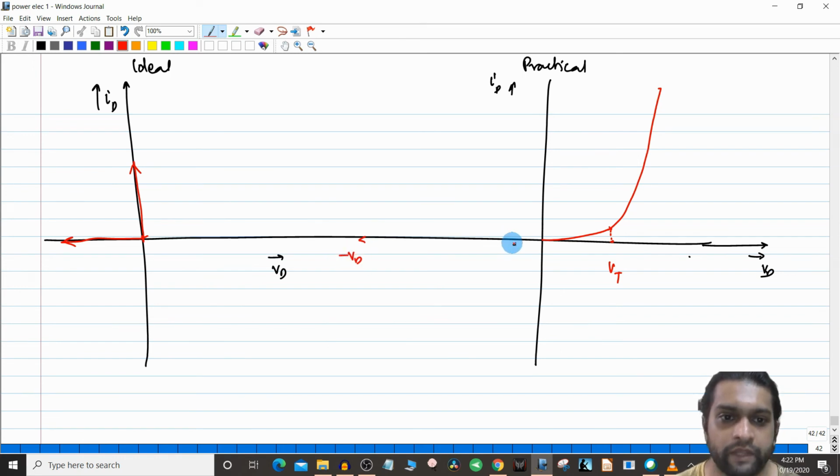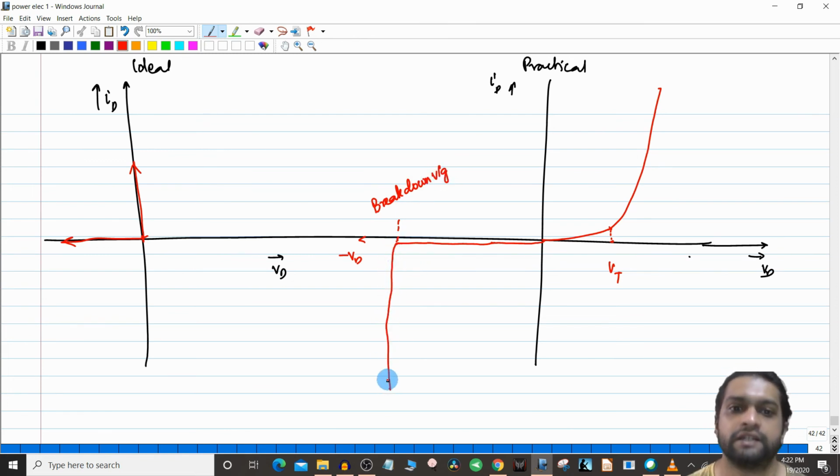So this is minus Vd. In the ideal case, you saw that whatever negative voltage you apply here, there will be 0 current. But there will always be a reverse leakage current. When you increase in the negative direction like this, a small amount of current is flowing. And after a particular voltage, which is called the breakdown voltage, the current will start increasing rapidly.